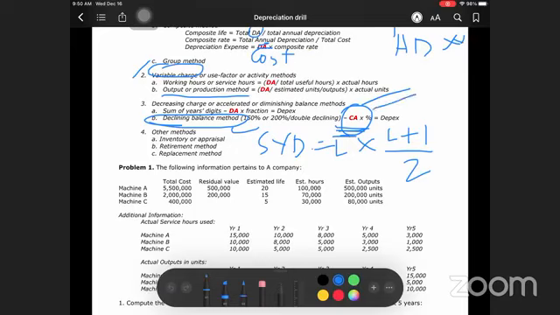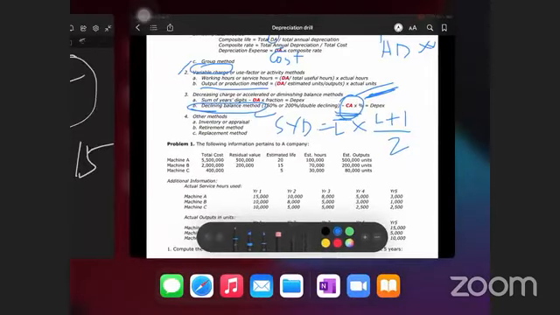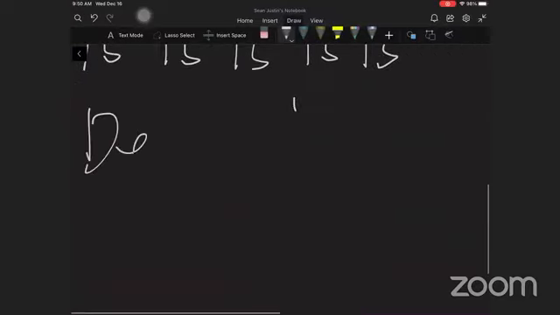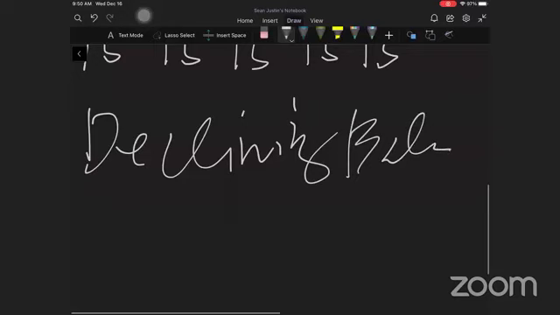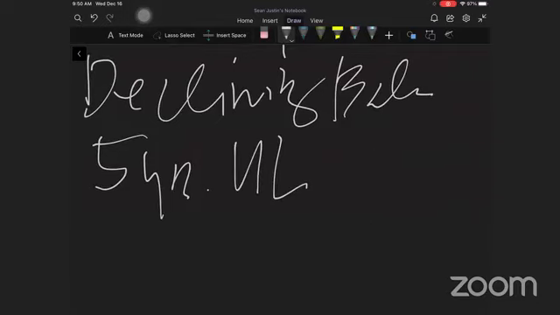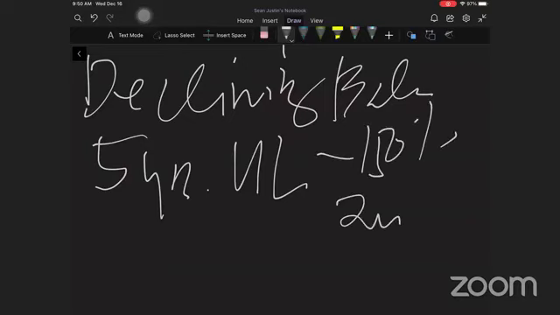Sir, how to compute the percentage under the declining balance method? Let's say you have a 5 years useful life. Okay, under declining balance, how to compute the percentage or the depreciation rate? So, depende kung it's 150% or 200%.